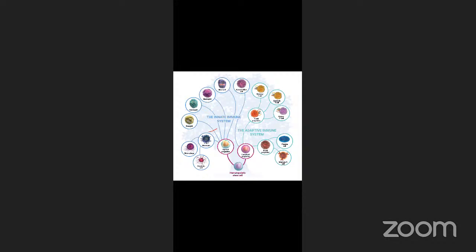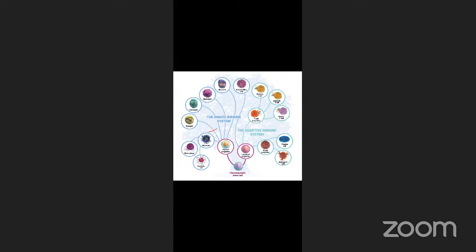Whenever this B cell gets activated, it gives two types of cells: plasma cell and memory cell. Plasma cell is a factory or manufacturing site of the antibodies.